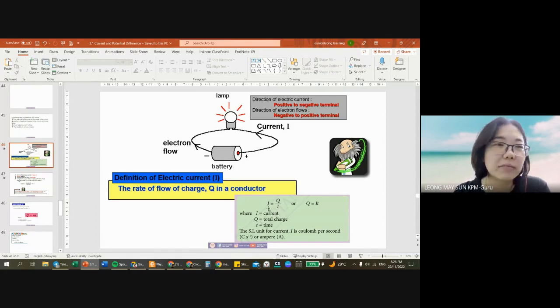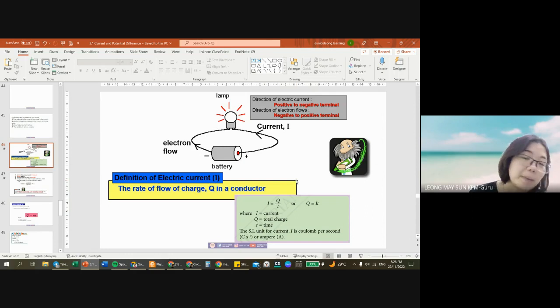But normally we don't memorize it as I equals Q over T. It's easier for us to memorize it as Q equals IT, where Q is the total charge. Over here, Q is total charge, because the other use of the symbol Q happens to be in the Form 4 heat chapter, where Q represents heat energy. But if you see the current over there, Q represents total charge, I is current, and time is in seconds.